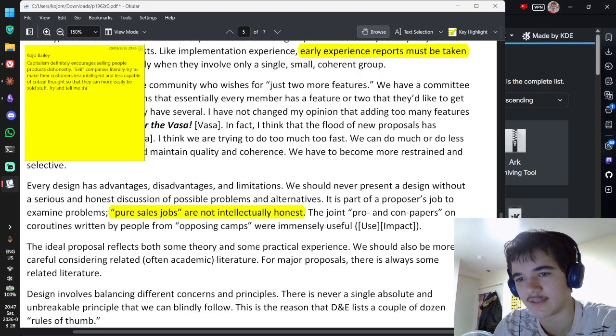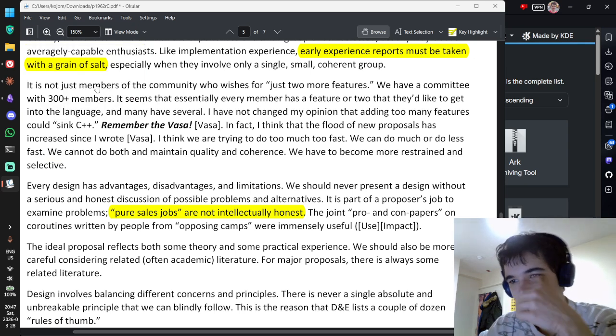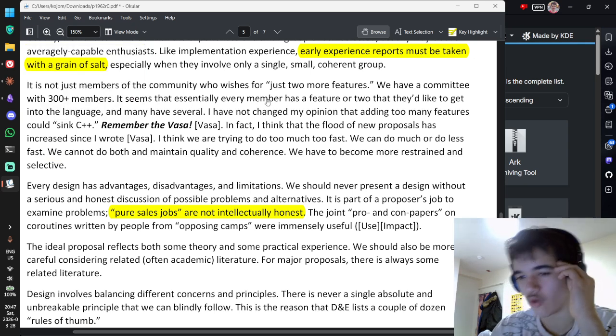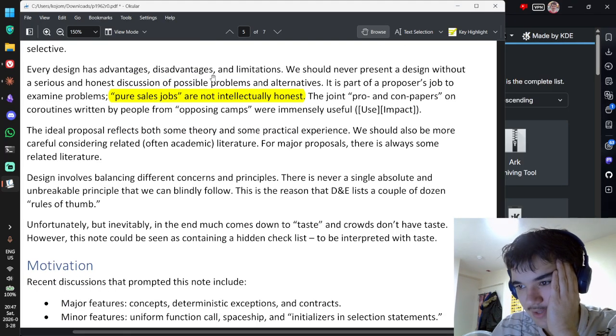Try and tell me this is not destructive to society. It's ridiculous. That's my core issue with capitalist society and why open source is cool.